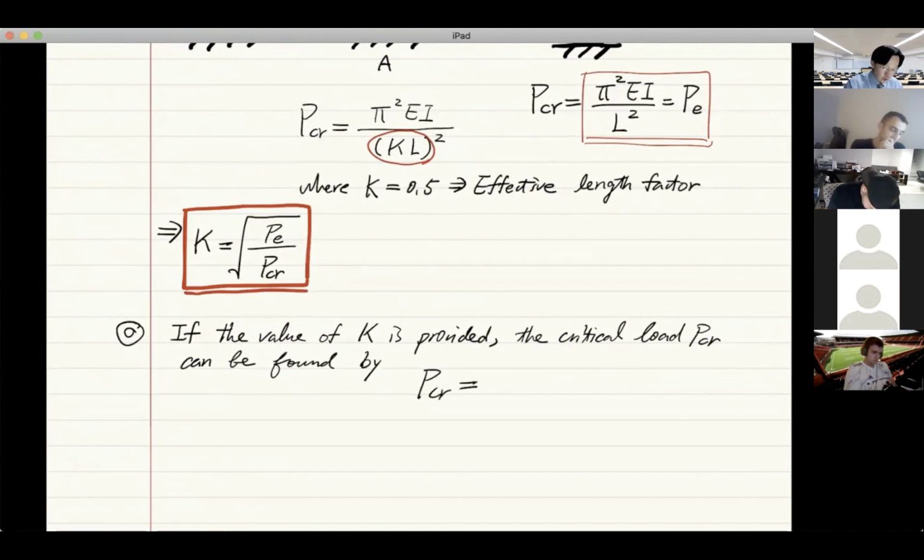P_cr equals simply P_E over K squared, right?